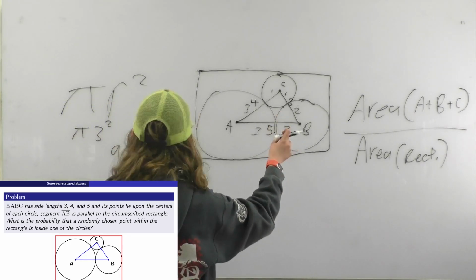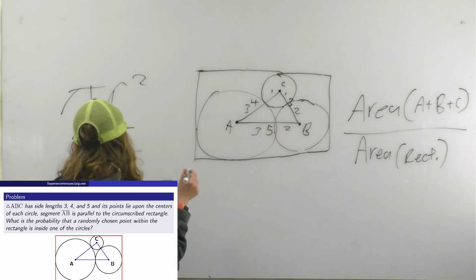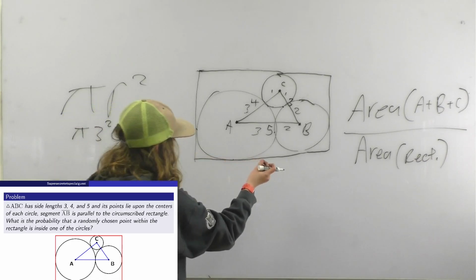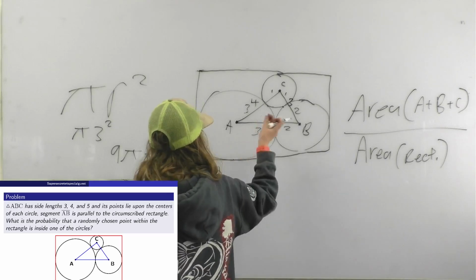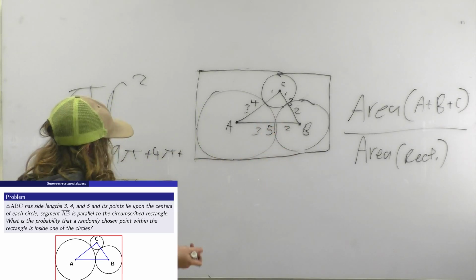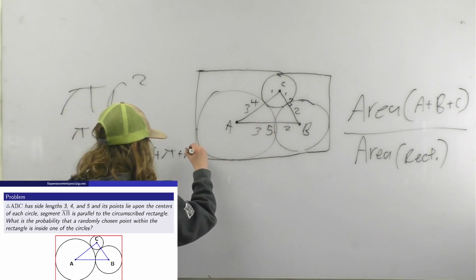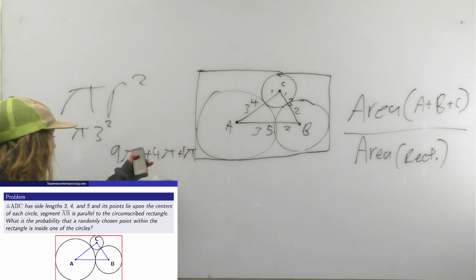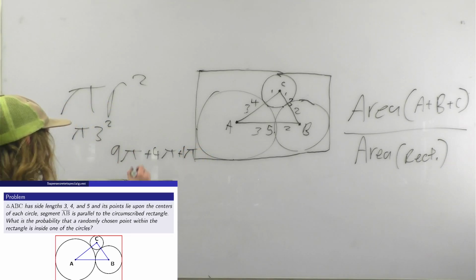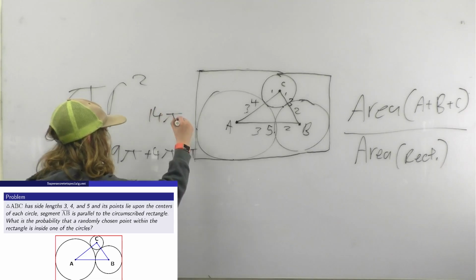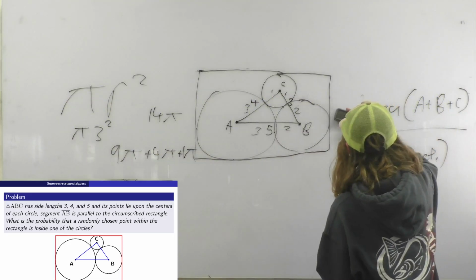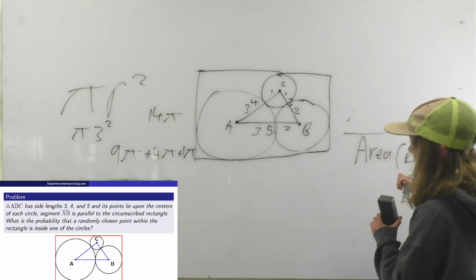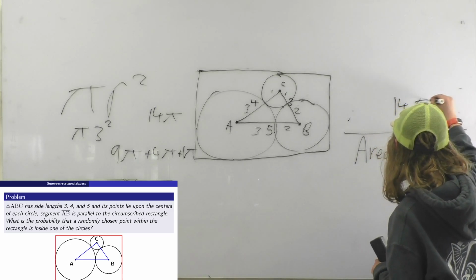B is going to be 2 squared times pi, so that's 4 pi. And then C is just going to be 1 squared times pi, so just pi. And we can add these up to get 14 pi. So we already have the top of our equation done, and that was 14 pi.